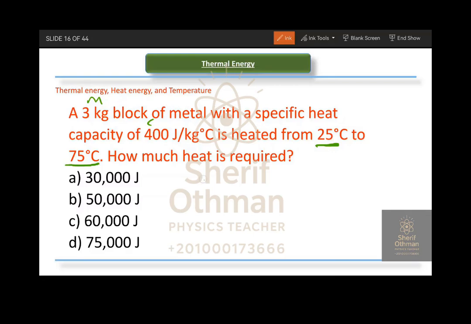The rule says that the amount of heat is equal to mc delta T. Q is equal to mass in kilogram. You have to be sure about the unit. So it's 3 multiplied by C, which is 400, and the temperature change is 75 minus 25.